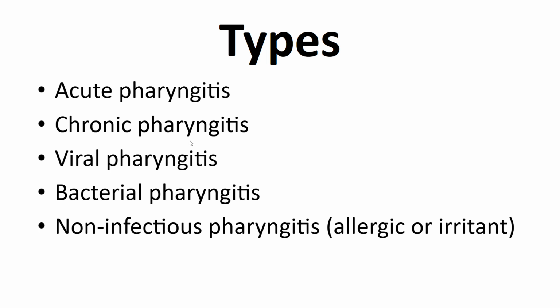Chronic pharyngitis: it continues longer than 10 days. It causes discomfort, irritation, and difficulty in swallowing. Viral pharyngitis is mainly caused due to viral infections, and bacterial pharyngitis is due to bacterial infections.